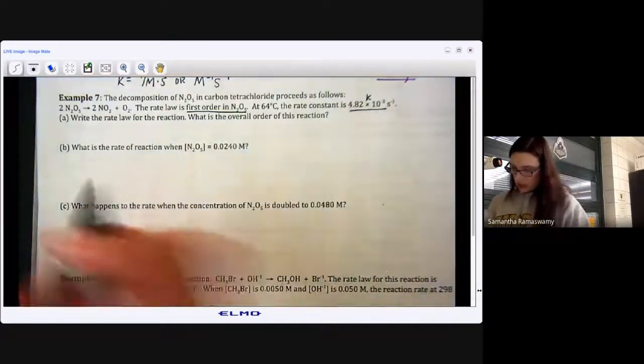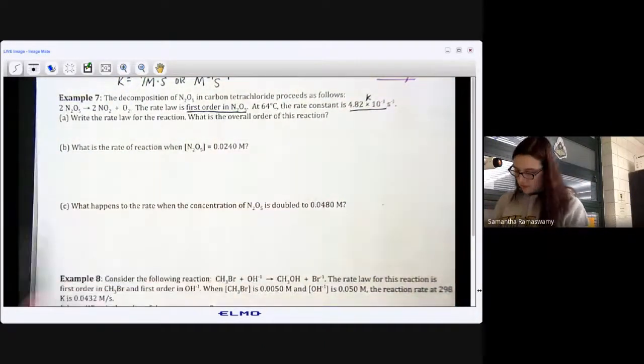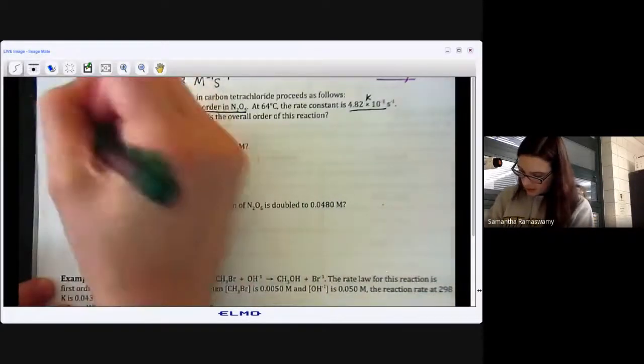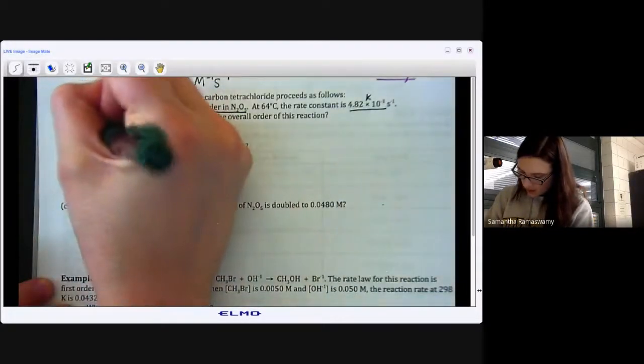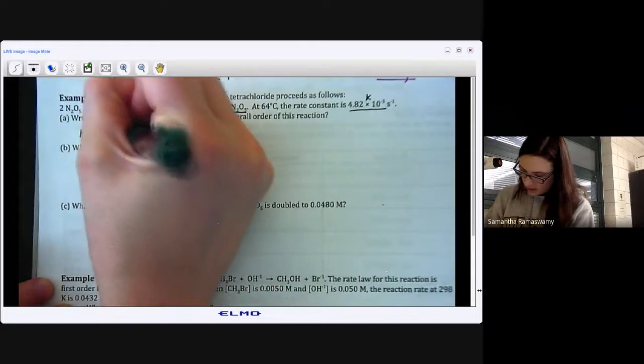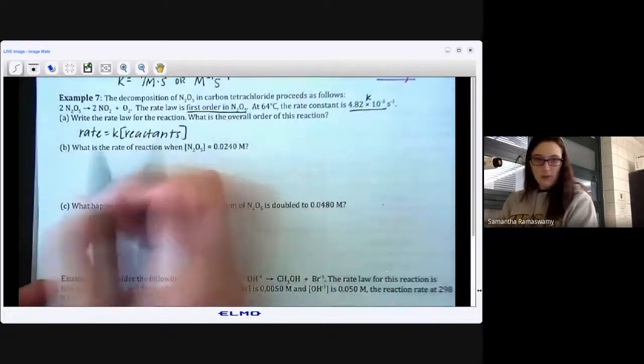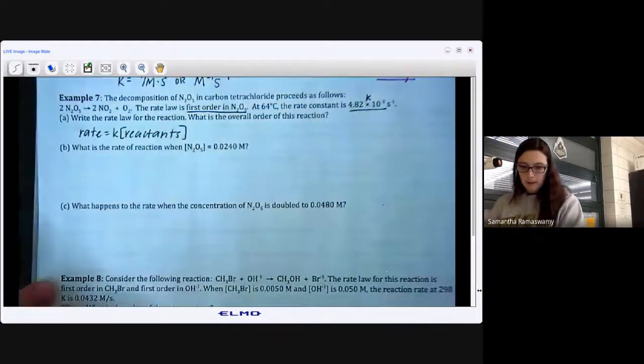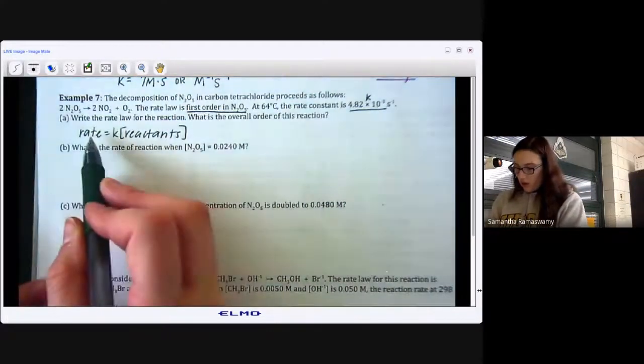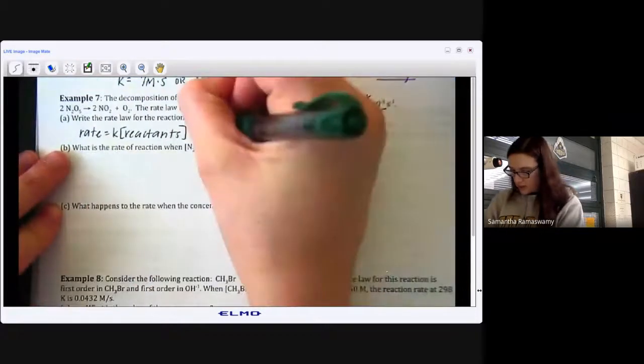So if we take a look at part A, first thing, write the rate law. Remember, the rate law is always rate equals K times the concentration of reactants. This is the very general way we're going to fill everything in. So rate equals K is usually what we start with.